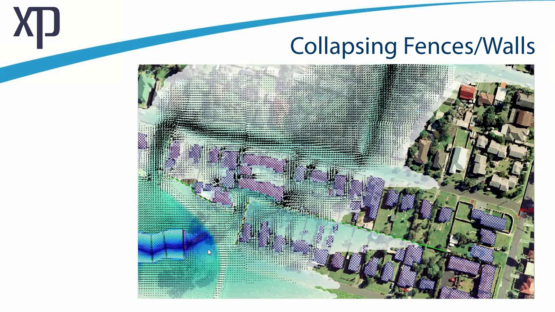This is just, we've digitized a fence in this little area here on the screen, which then breaks and it's like a little mini dam break. I'll just demonstrate that through.